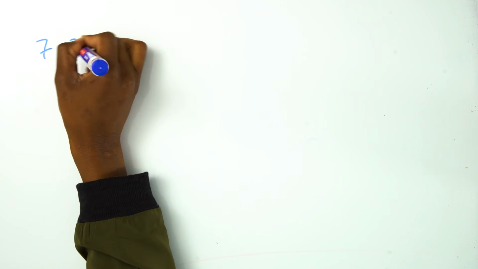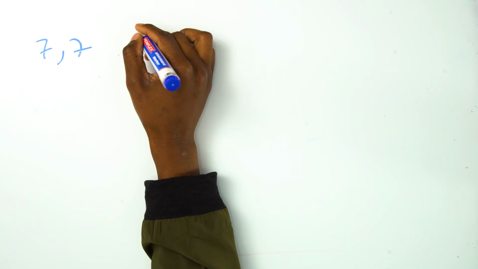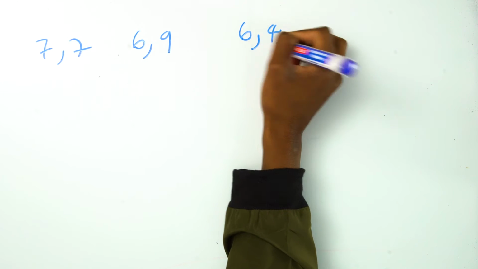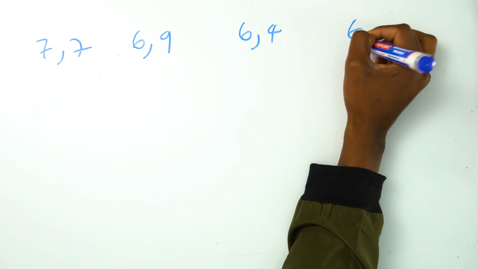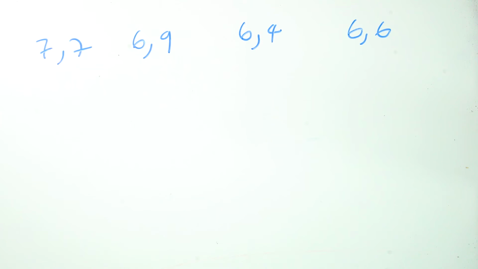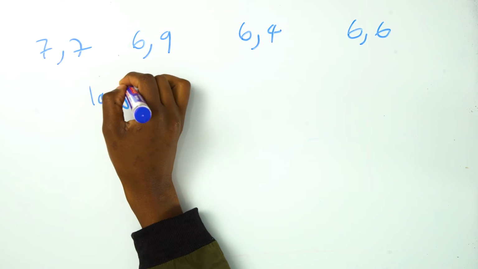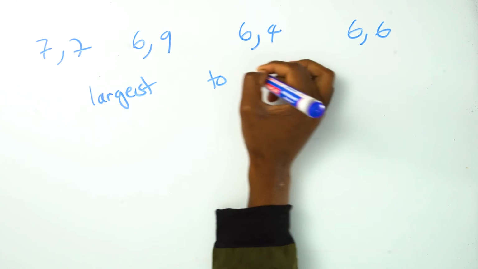We have 77, 69, 64, and 66. This one you have to arrange from the largest to the smallest.